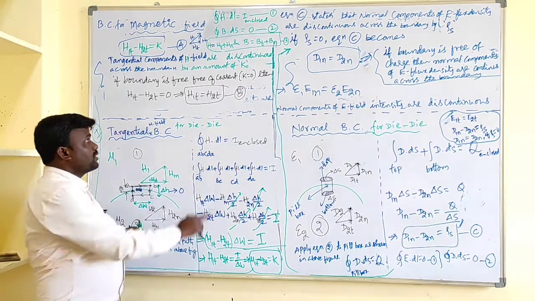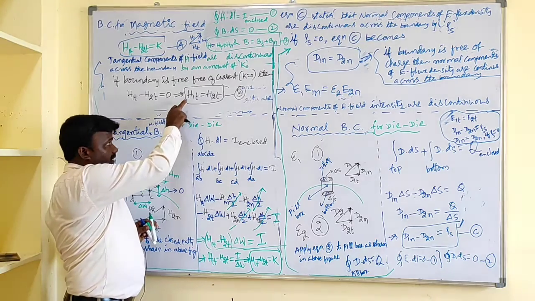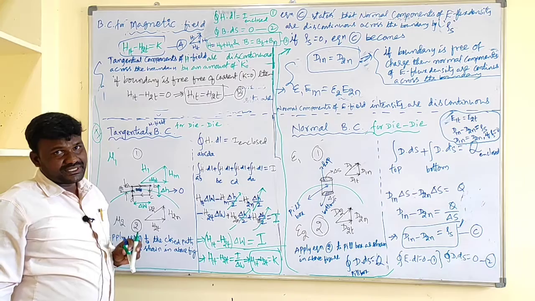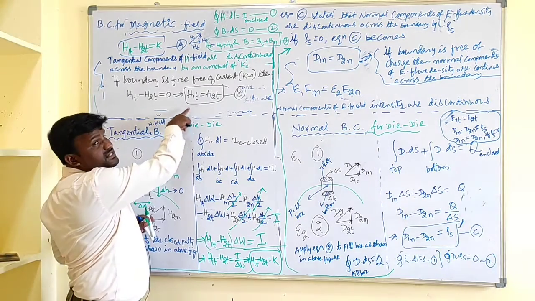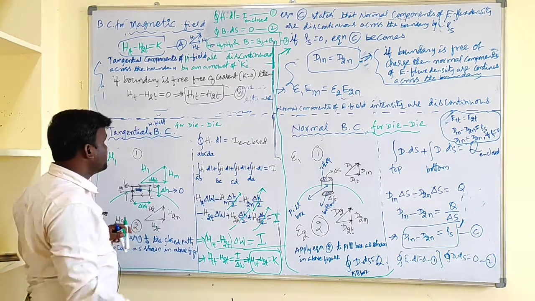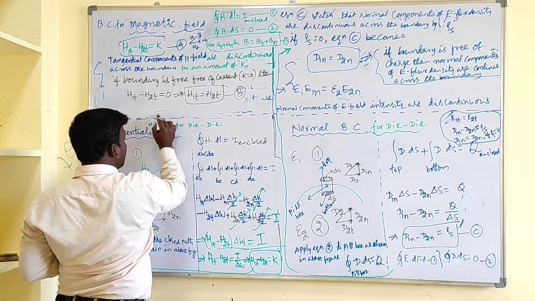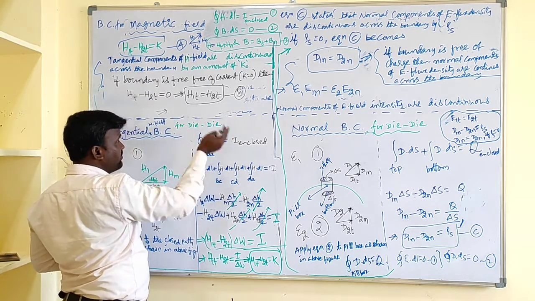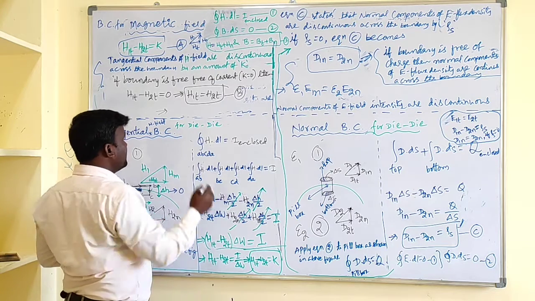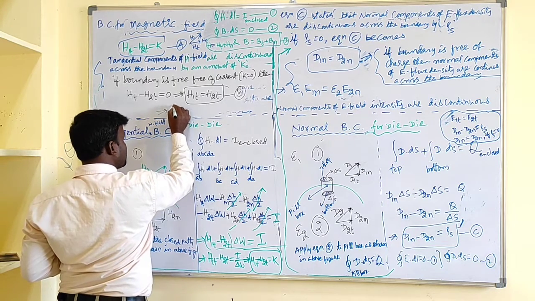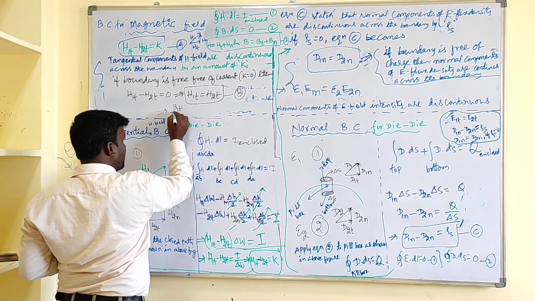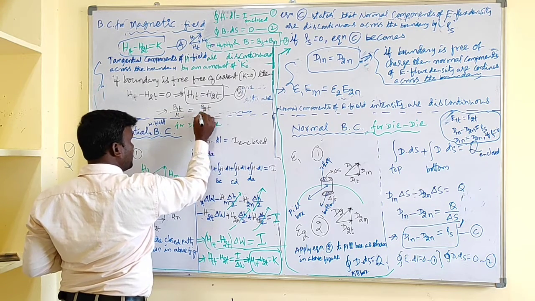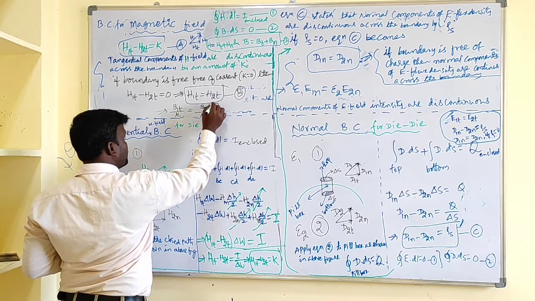It means tangential components of magnetic field intensity are continuous across the boundary if the boundary is free of current. From this we can write in terms of B. B equal to mu into H means H equal to B by mu, so we can write B1T by mu1 is equal to B2T by mu2.